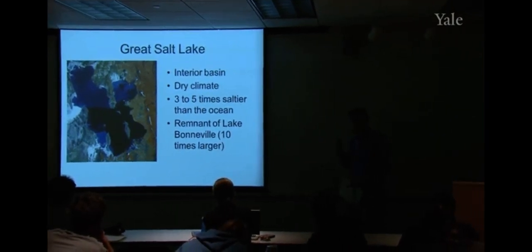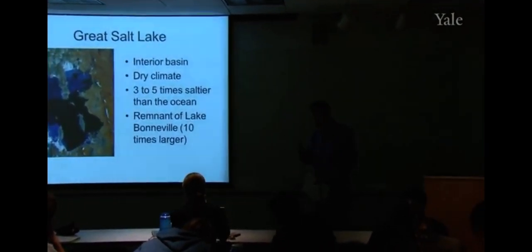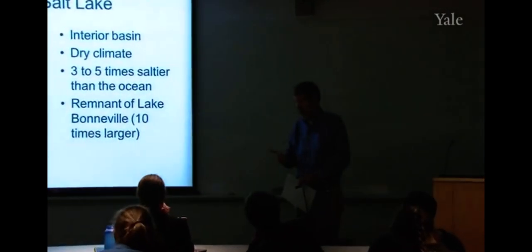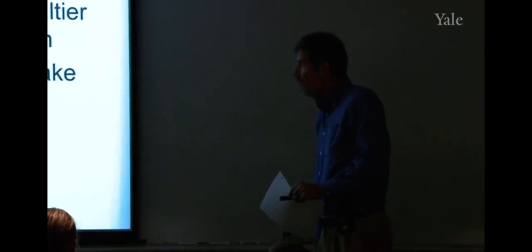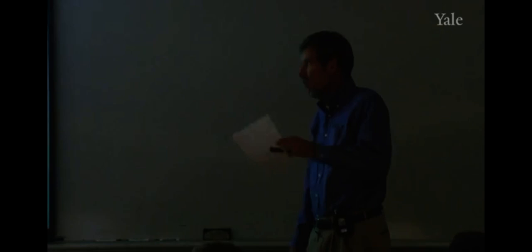Why? Because the water is salty and therefore more dense. And following Archimedes' rule, the denser the water is, the more mass you're displacing, the more the buoyancy force, the higher you float. So this is a good thing to think about when you're trying to understand basically how oceans work. It's kind of a little mini ocean.